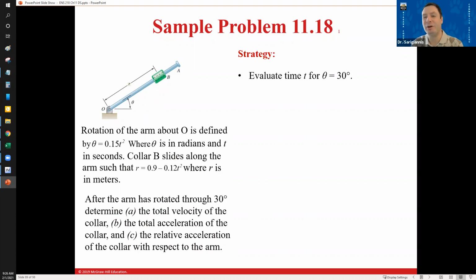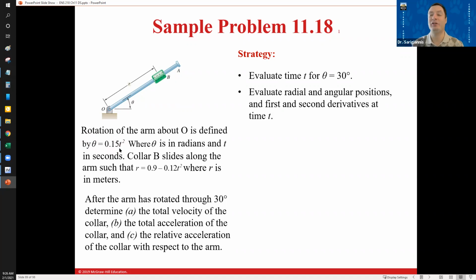So the first thing we do is, we're given theta, so what's the time? We're going to find the time first just from this equation. And then once we have that, we can figure out what the radial and the angular positions and the first and second derivatives are at that time, because the first and second derivatives of position are velocity and acceleration.